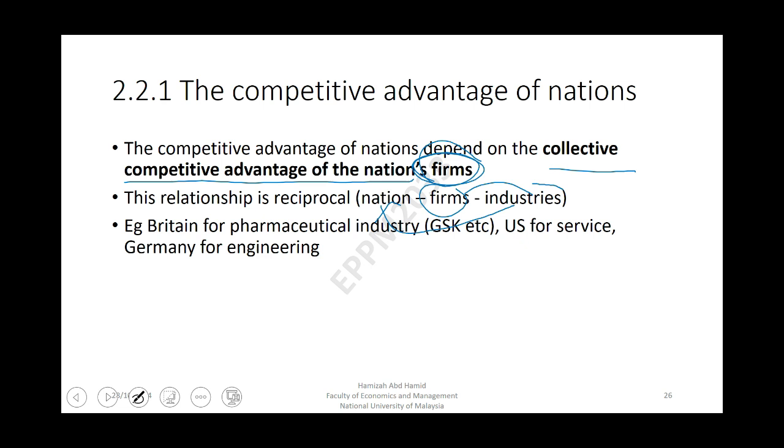We know Germany for its engineering. Malaysia, we are known for our halal technology. So each nation has its own competitive advantage, and if it has been planned well, that industry can survive and can be a competitive advantage for that specific country.